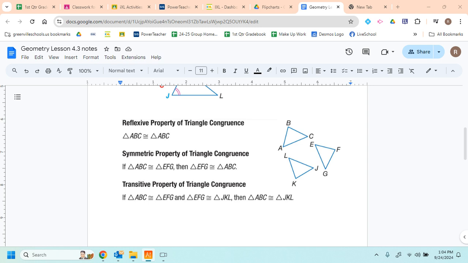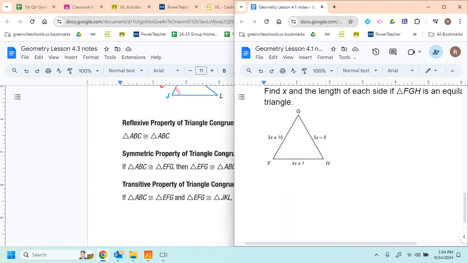We plug that into Desmos, and we find that x is equal to 36.